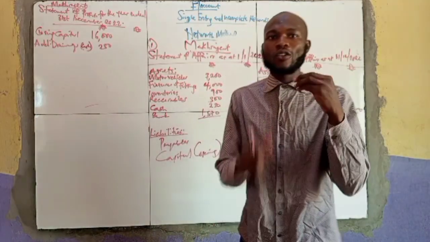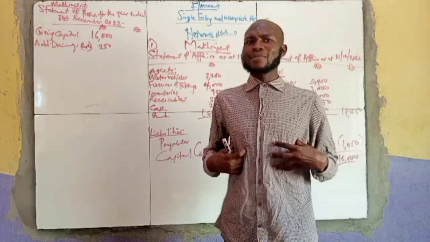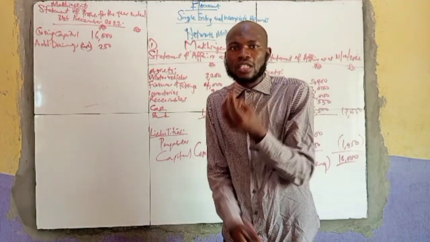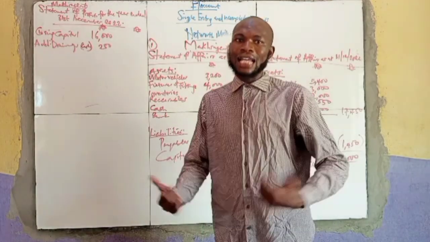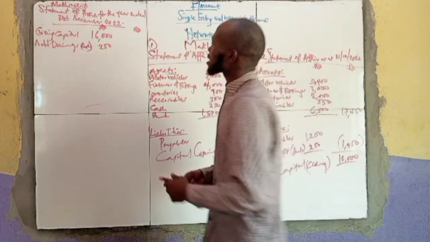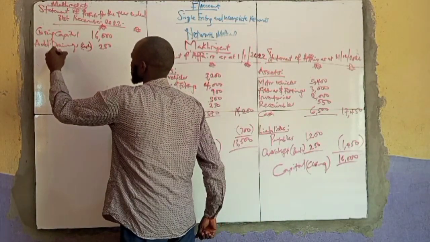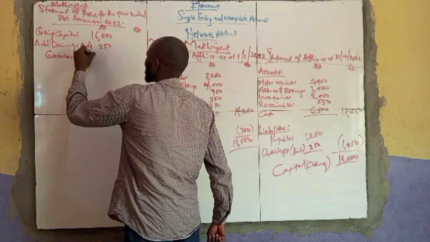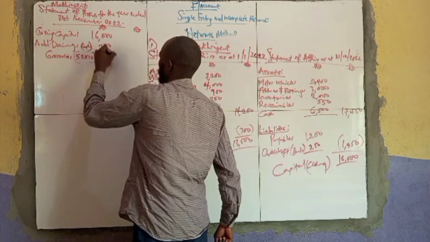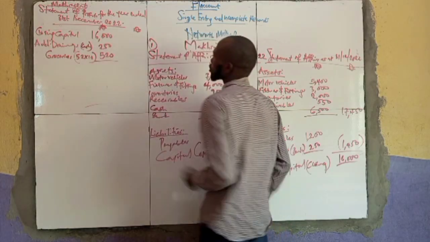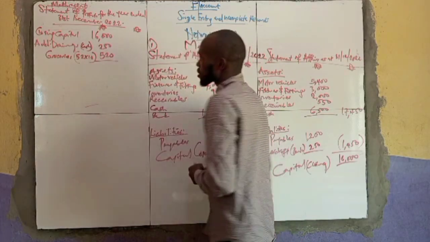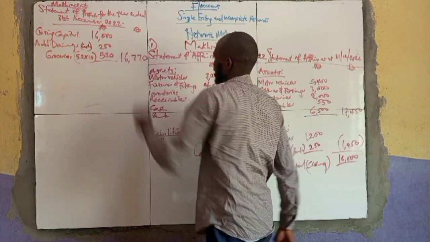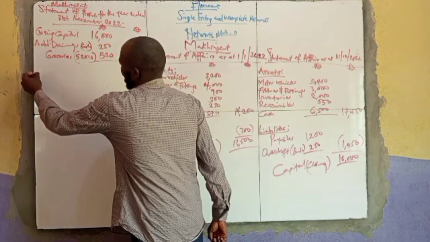That simply means for the whole year, Mokoye consumed groceries of 10 naira on a weekly basis, and in a year we have 52 weeks. So for groceries, it's 52 multiplied by 10 naira, that will be 520 naira. Adding everything up gives us 770, that is 16,770 naira.